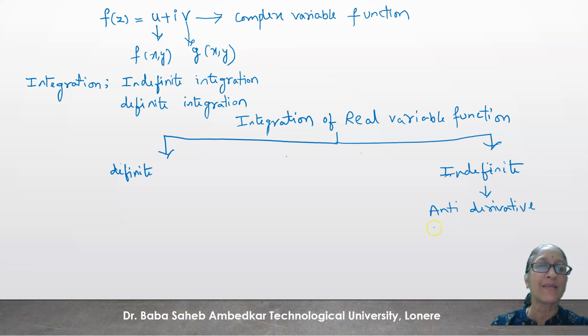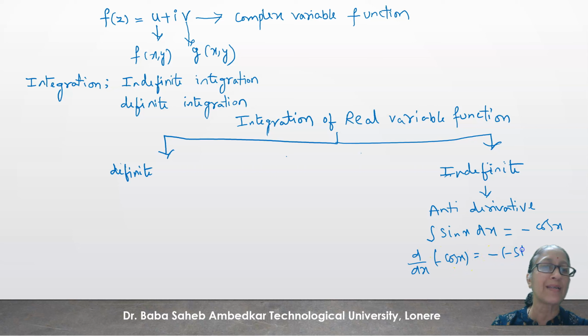That means if you consider integral sin x dx, integral sin x dx equals minus cos x. If you differentiate this, d by dx of minus cos x equals minus of minus sin x, which gives sin x again. So the reverse process of differentiation is nothing but indefinite integral.